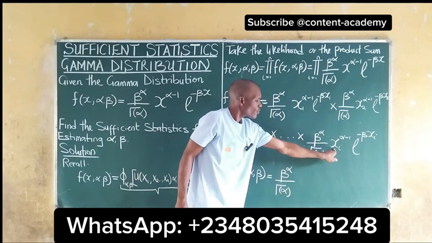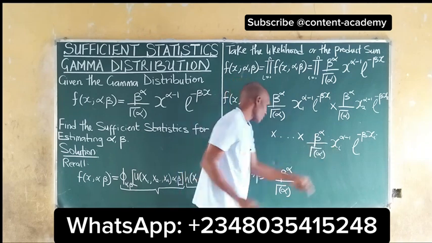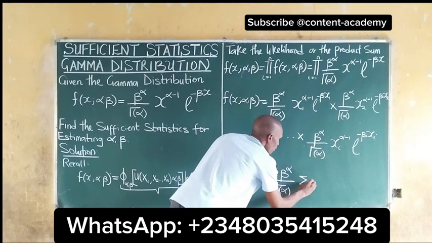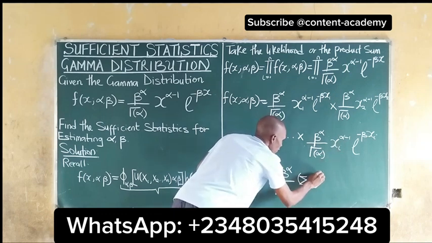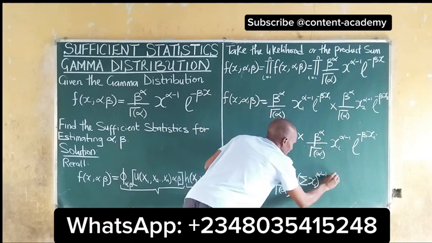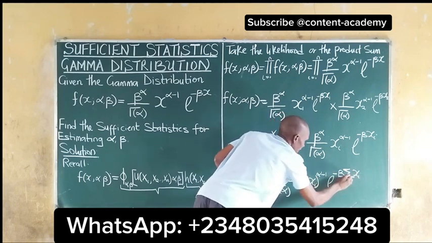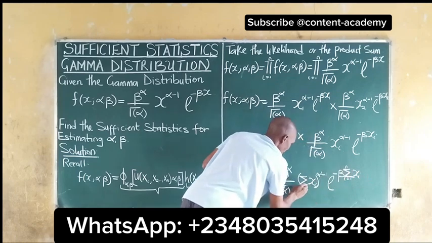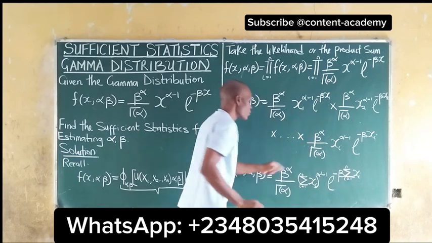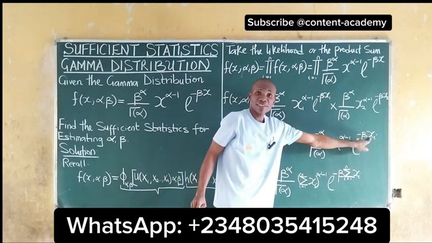If you take the product of xi's, we get the product of xi's raised to the power of alpha minus 1, exponential negative beta summation of xi's as i runs from 1 to n.